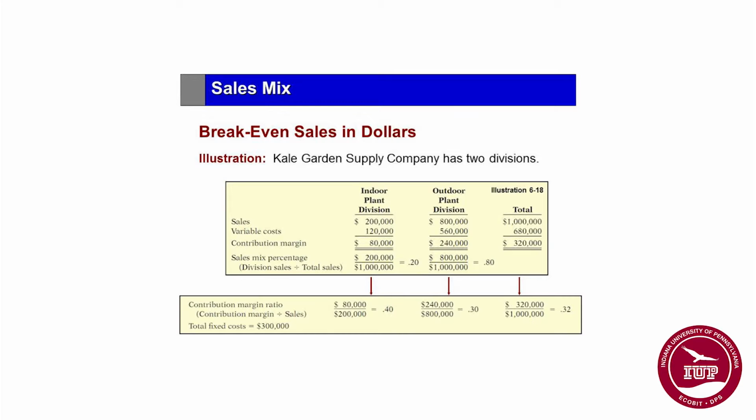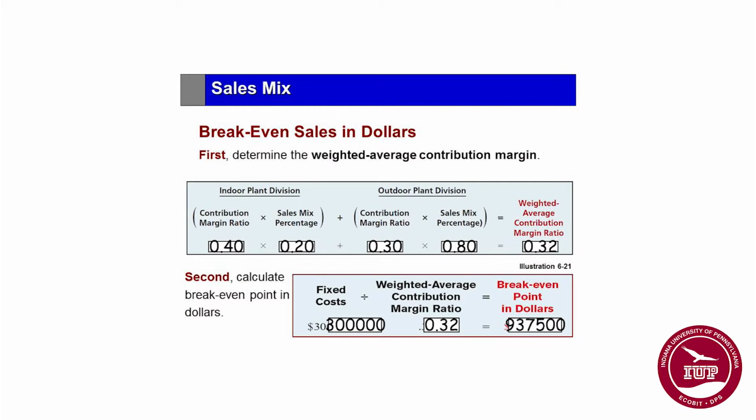Now, when you combine these two together for a total contribution margin of $320,000 divided by $1 million, your weighted contribution margin ratio is 32%, with a fixed cost of $300,000. So the weighted contribution margin ratio will replace the contribution margin ratio in our original formula.